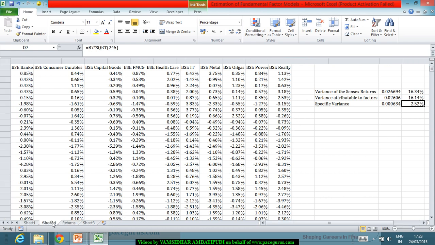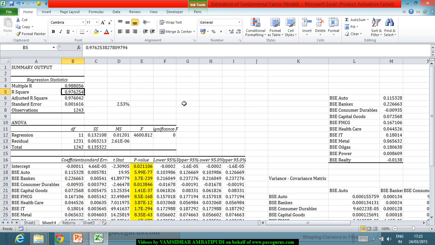And as we have seen in this case, the R squared is very high. So what is R squared? R is correlation. R squared is the coefficient of determination. Whenever I am looking at R squared, I can call this the squared correlation between the Sensex return on one side and the explained portion of the model.